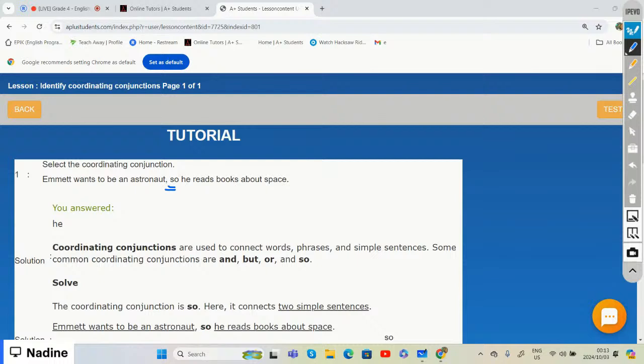All right. So here we have selected the coordinating conjunction within that sentence. So is our coordinating conjunction.